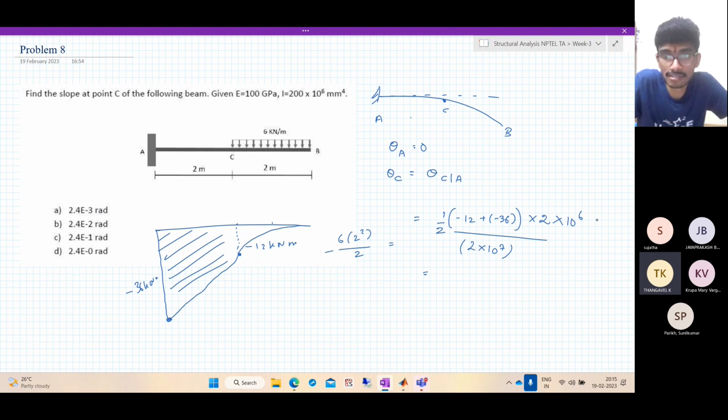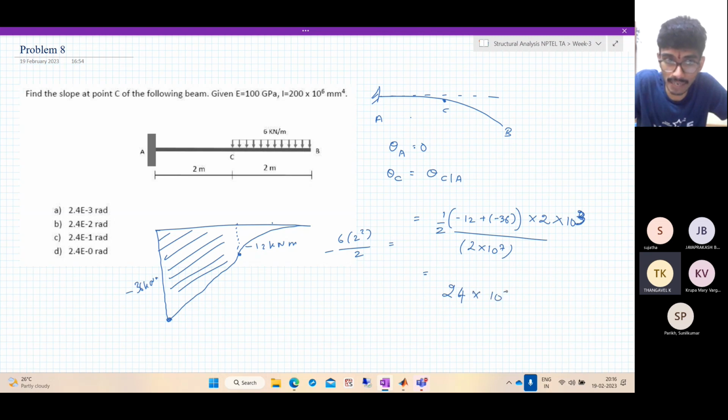We get 12 plus 36 is 48. 48 by 2 is 24 into 10 power 3, since kilonewtons to newtons is 10 power 3, by 10 power 7.